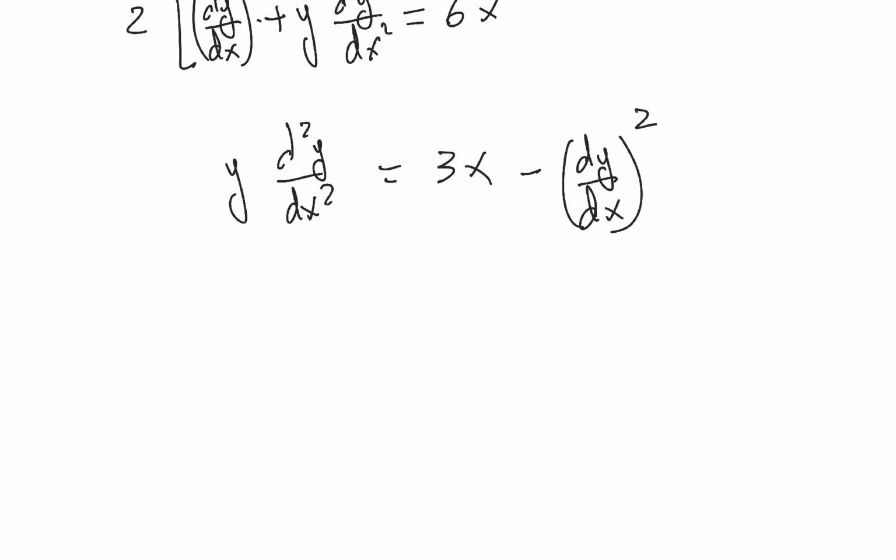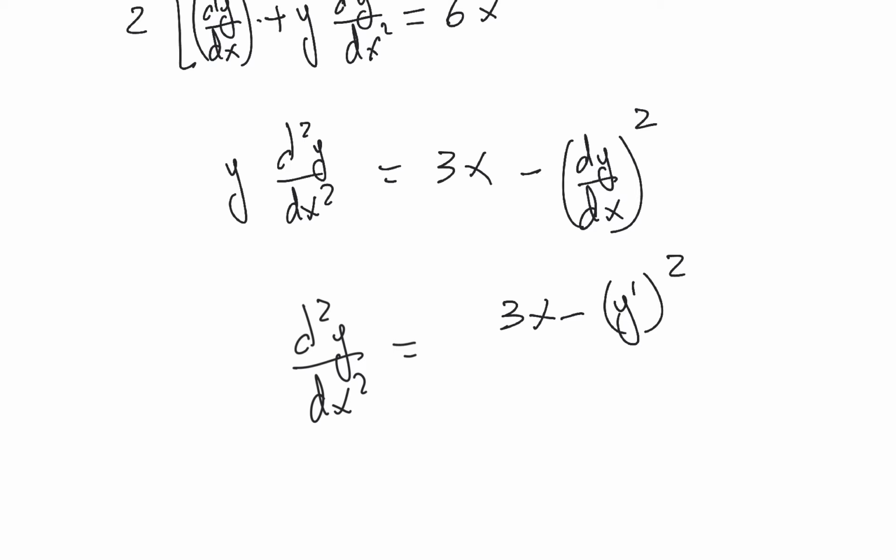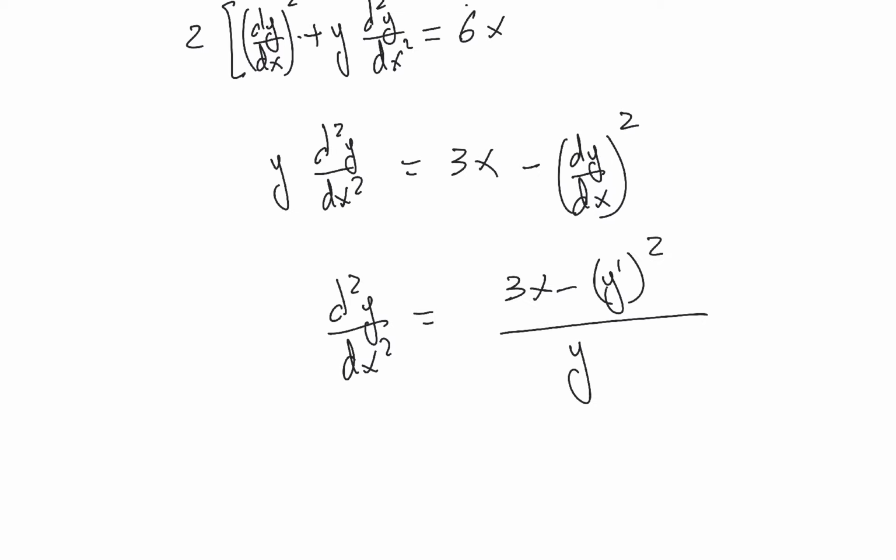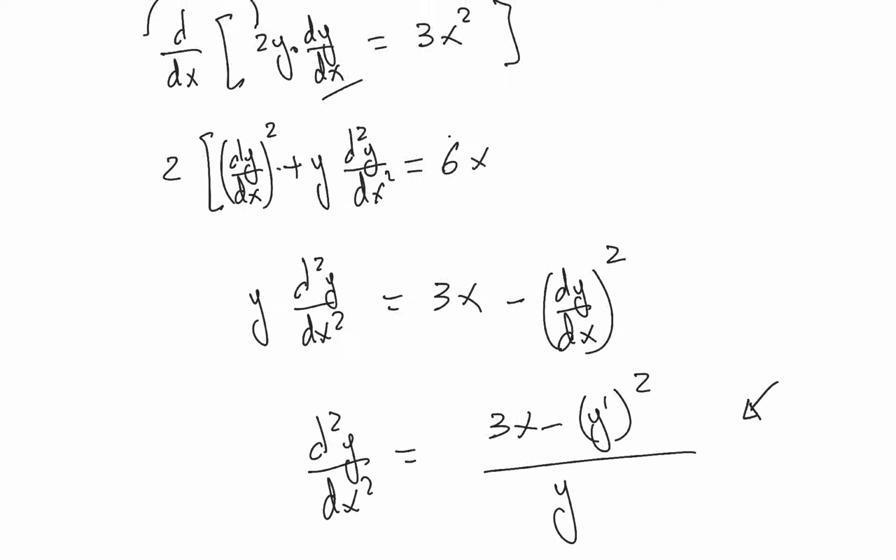So the second derivative of y with respect to x squared should be equal to 3x minus y prime squared, divided by y. Now, if you want to express this equation in terms of y and x, not in terms of y prime, like here, you need to do the following thing.